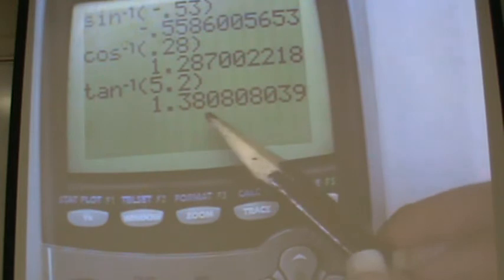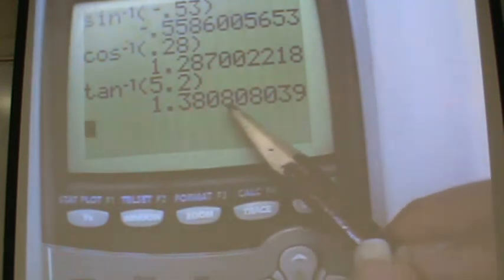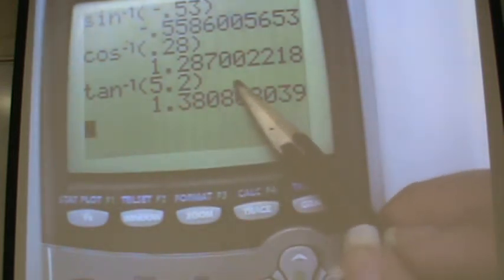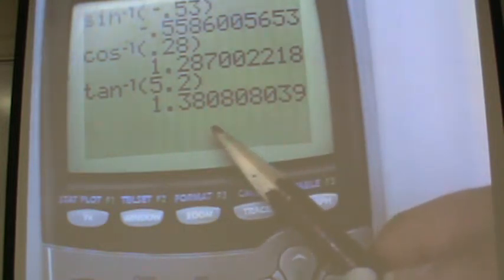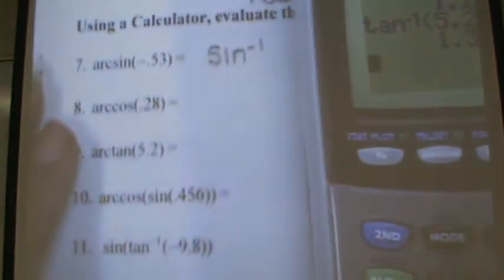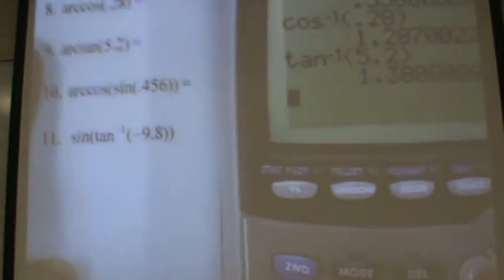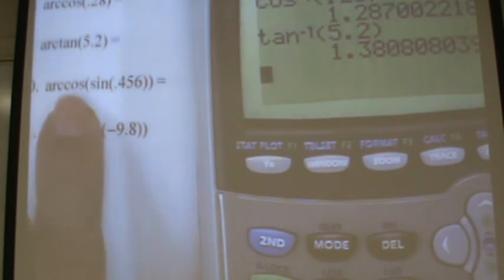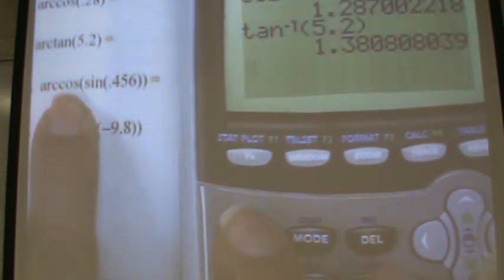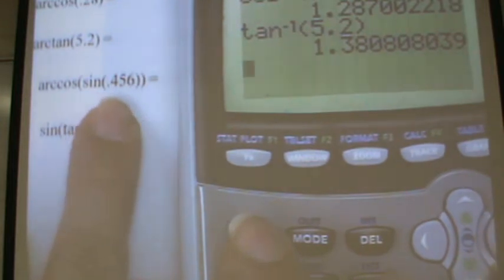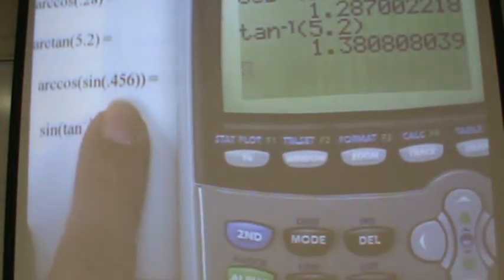And normally on these ones, they want you to round to 4 places. So go 4 places past the decimal. Now, how do you think you're going to do the last 2? Anyone think they know how to type in arc cosine and then sine 0.456? Well, exactly the way it is.